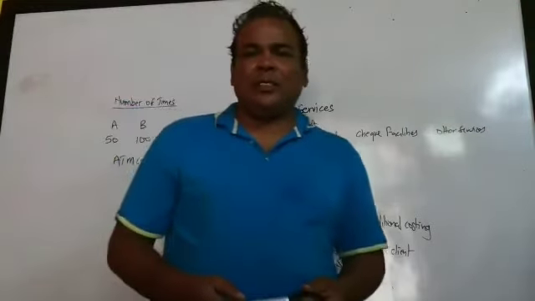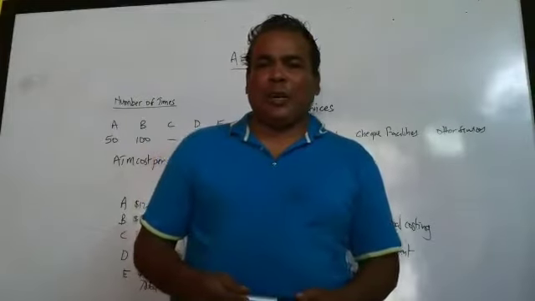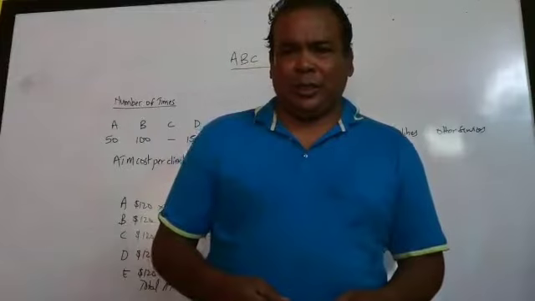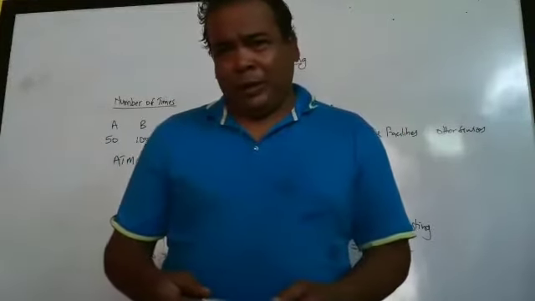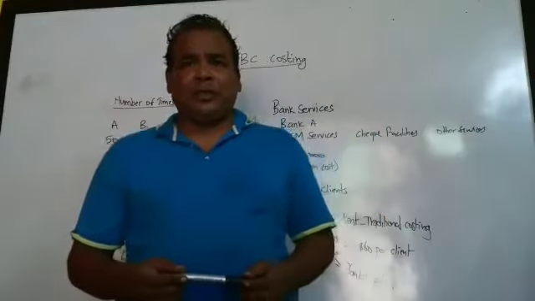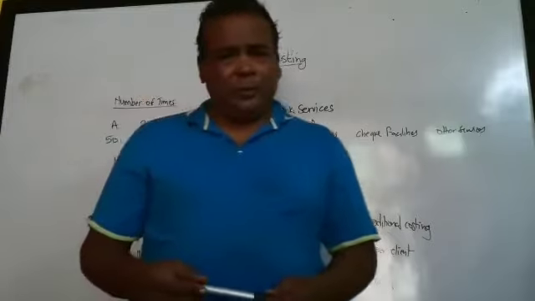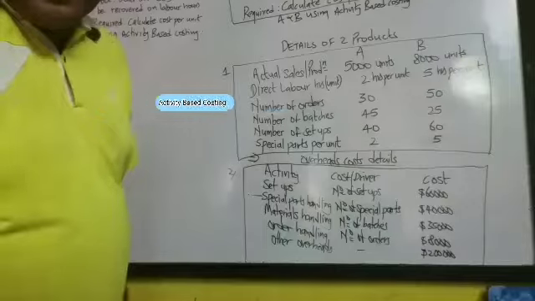So this is the second example to explain to you how to calculate cost per unit, cost per client accurately by using activity-based costing. Later on we will come with a worked example on activity-based costing, how to calculate cost per unit accurately. So for the time being, until then, goodbye.